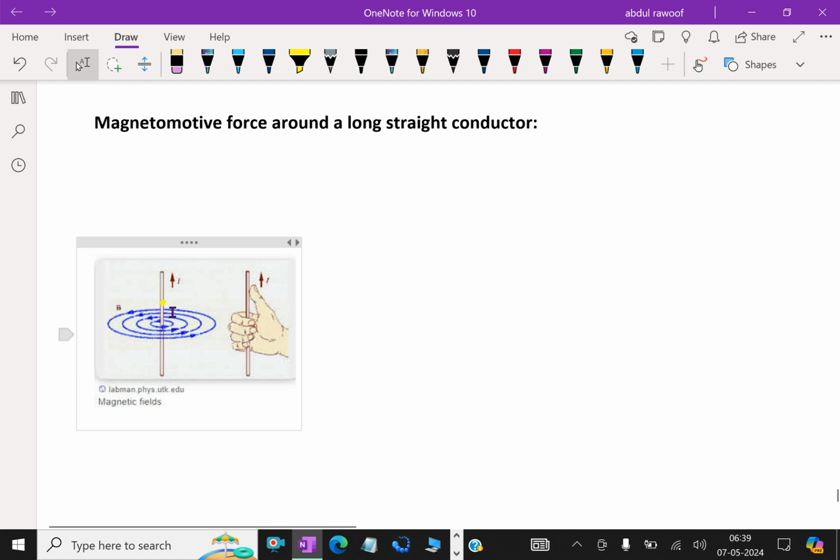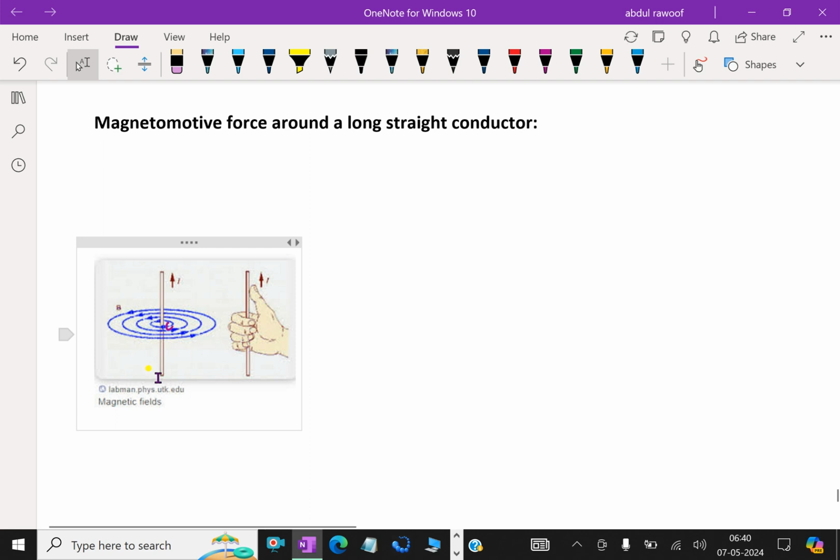Suppose the field strength at point C, which is at a distance r meters from the center of the conductor, is H. Then if a unit N pole is placed at C, it will experience a force of H newtons.